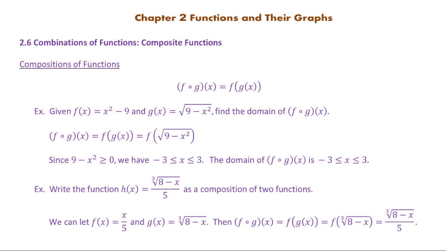When you replace x by cube root of 8 minus x, you get cube root of 8 minus x over 5, which is exactly what h is. So we got f circle g is the same as h. So in that way, we decompose h as a composition of two functions, f and g, where f equals x over 5, and g equals cube root of 8 minus x.